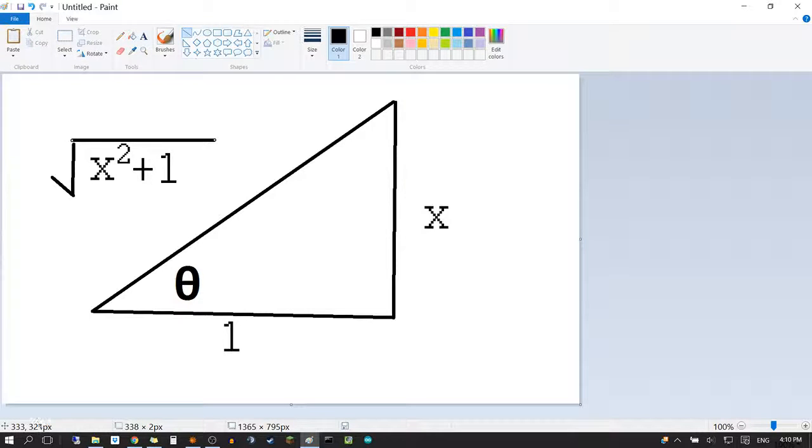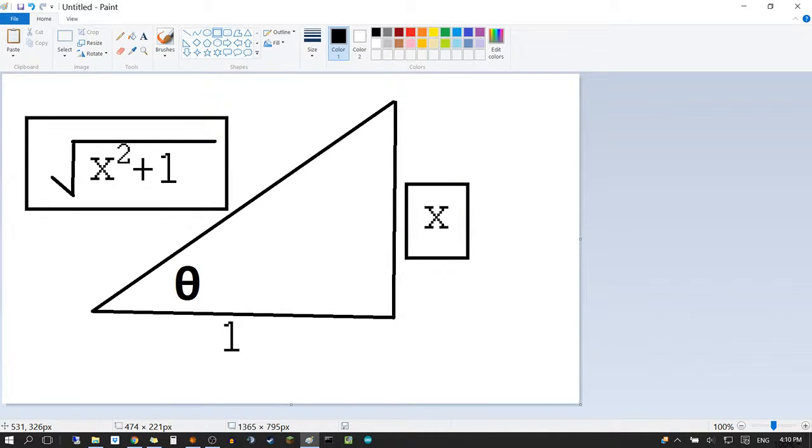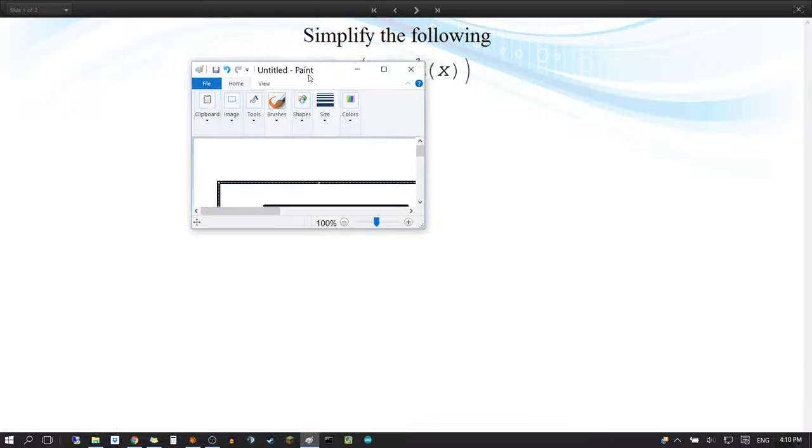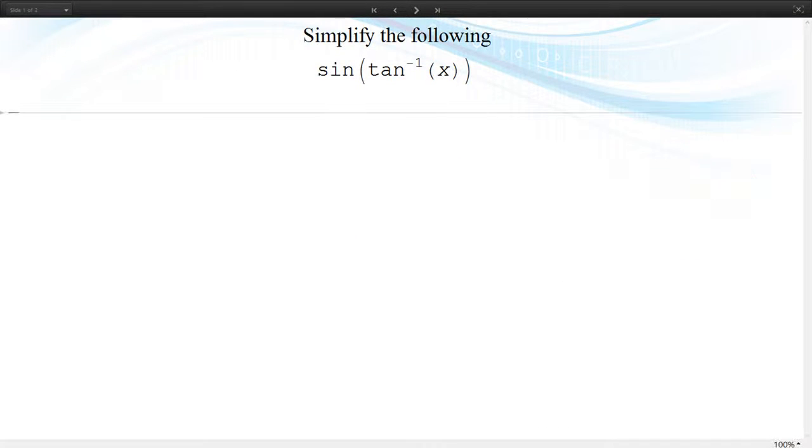Fantastic. So now we know that the opposite, this x here, divided by the hypotenuse, which is the square root of x squared plus 1, is equal to sine of theta, which is equal to sine of arctangent of x. So we will write that up here.